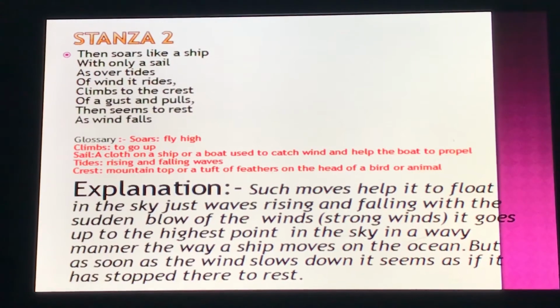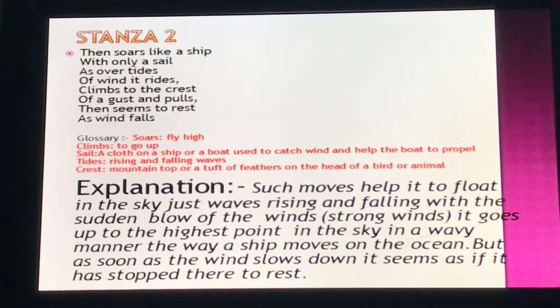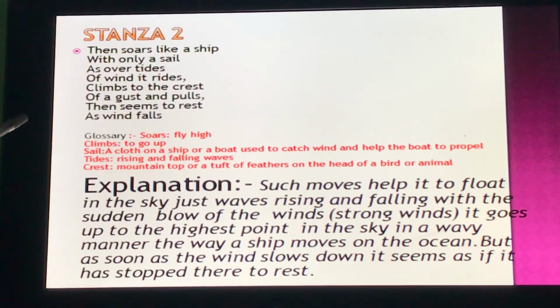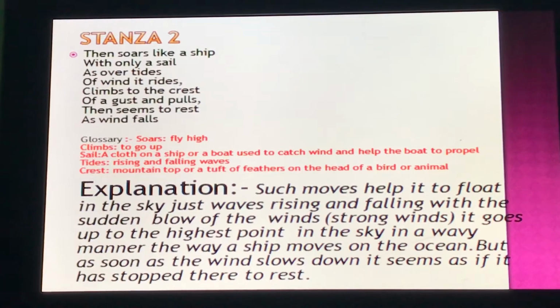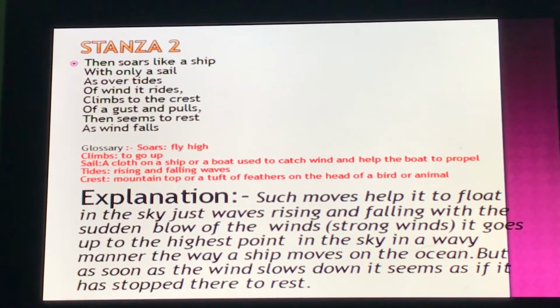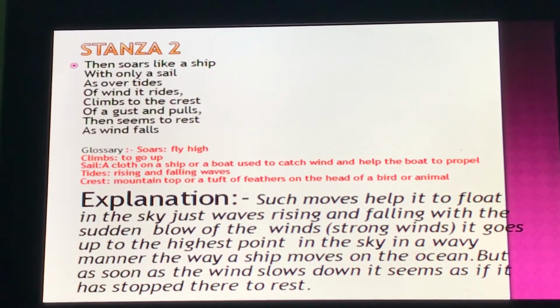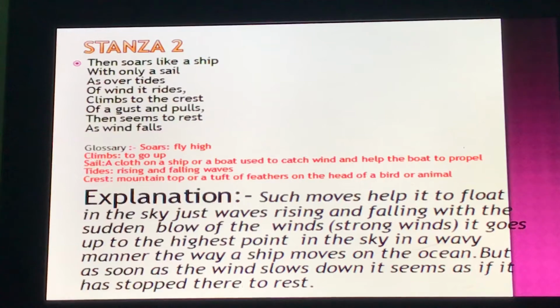In this stanza, the poet is saying that with such types of moves, the kite is floating in the sky, just like waves rising and falling with the sudden blow of winds. It goes up to the highest point in the sky in a wavy manner, the way a ship moves on the ocean.